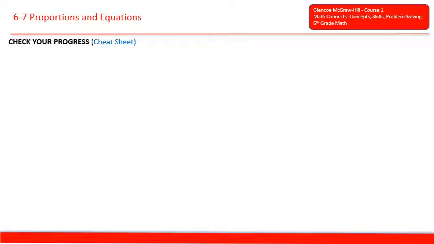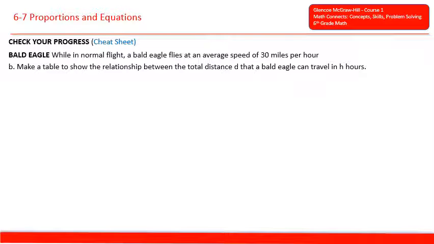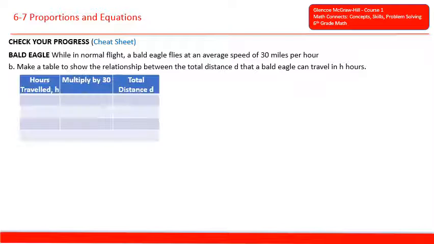Check your progress. Bald eagle. While in normal flight, a bald eagle flies at an average speed of 30 miles per hour. Make a table to show the relationship between the total distance d that a bald eagle can travel in h hours.